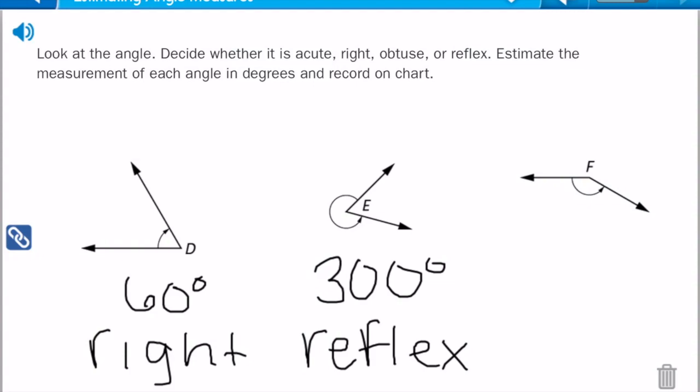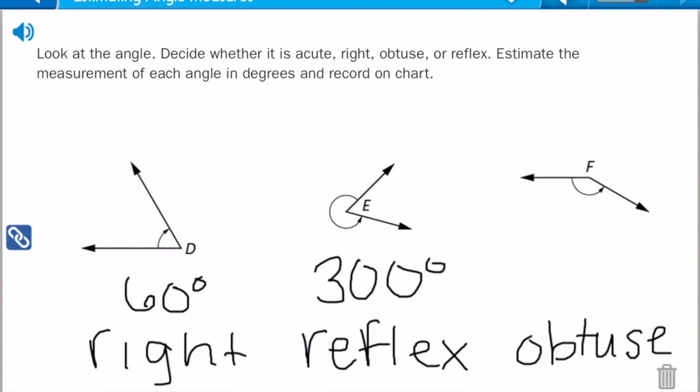All right, my last one, F. I'm looking at it here. I know it's not a reflex because my arrow's not on the outside of the angle. I know that it's not an acute angle because it's not small enough. I know that it's not a right angle because it's not 90 degrees. So that leaves one left, and that would be obtuse.